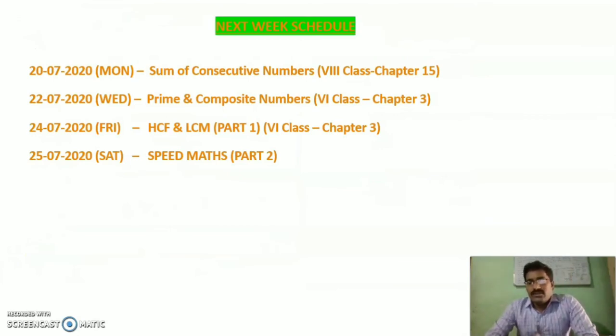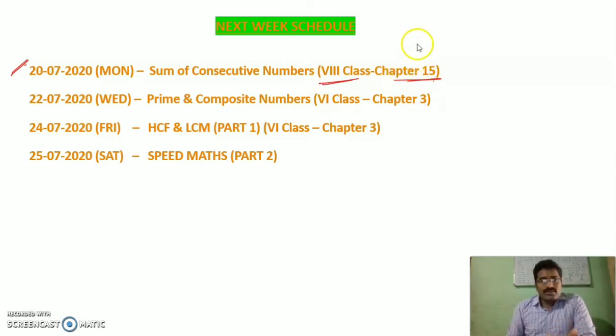Next week we have classes every day. We are conducting YouTube classes. So next week schedule is, Monday, 20 July: sum of consecutive numbers class. That is the 8th class, 15th chapter, a continuation. This is the last class in playing with numbers, chapter 15. Tuesday no class.